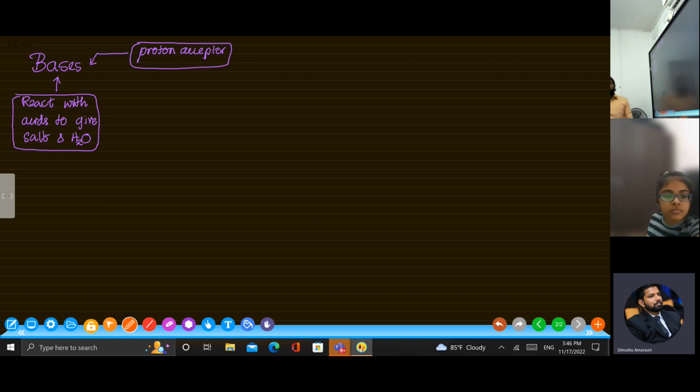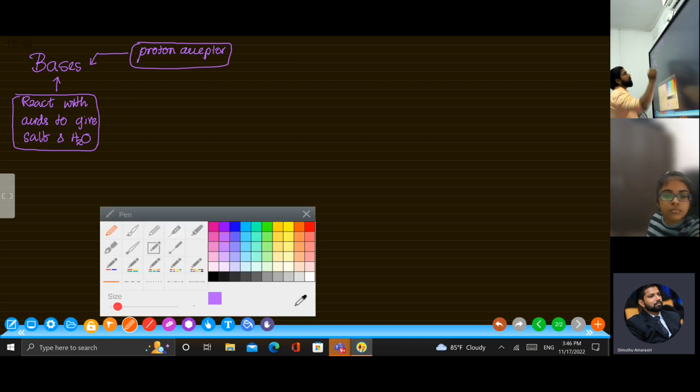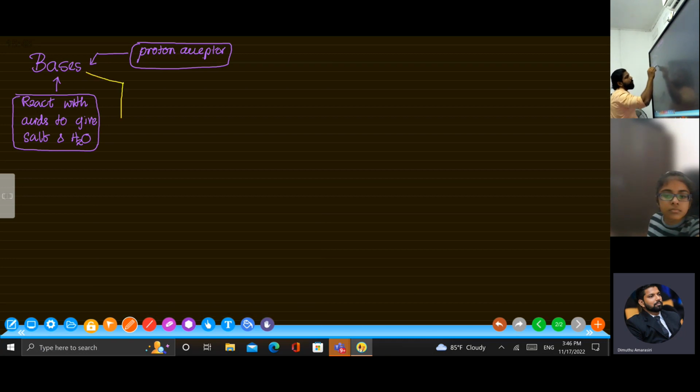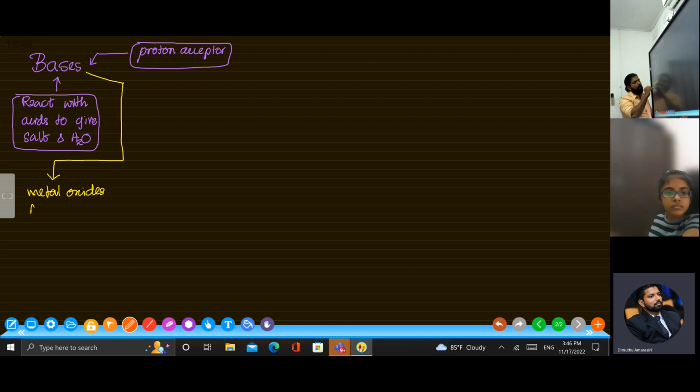Right? So there are types of bases. That's what we need to know next. What are the types of bases? We have metal oxides. Example, sodium oxide.